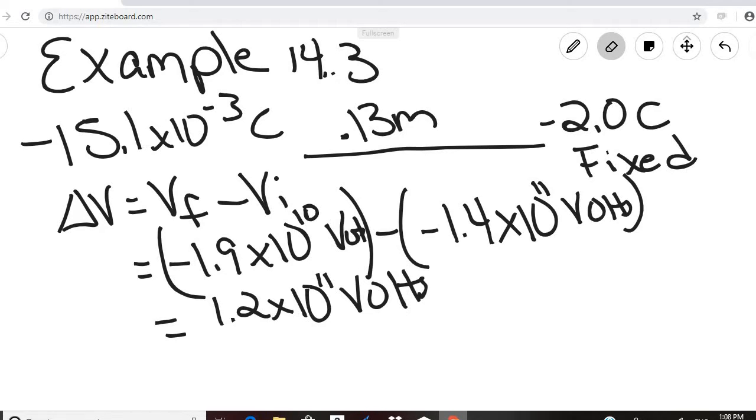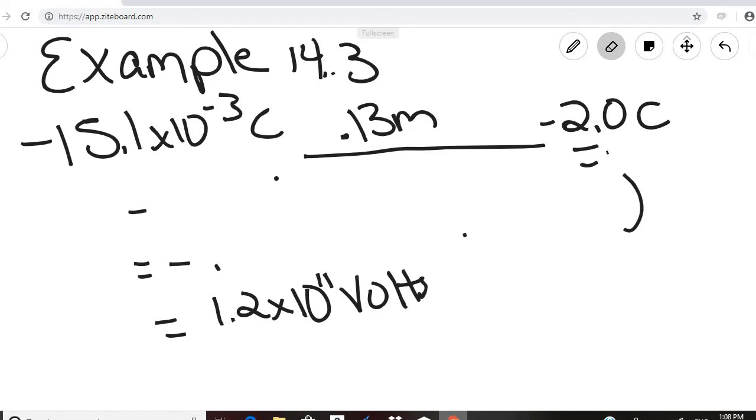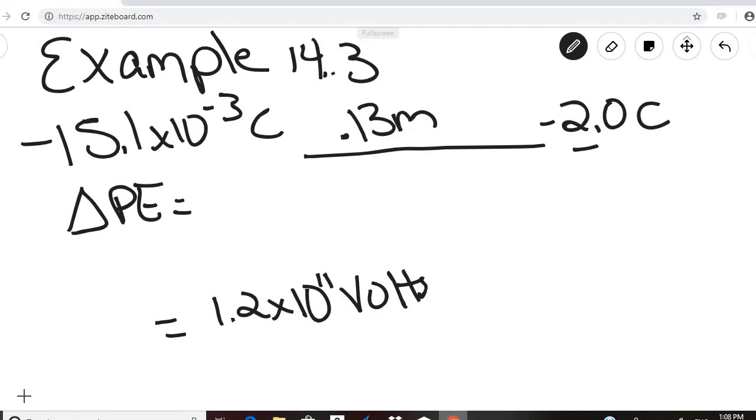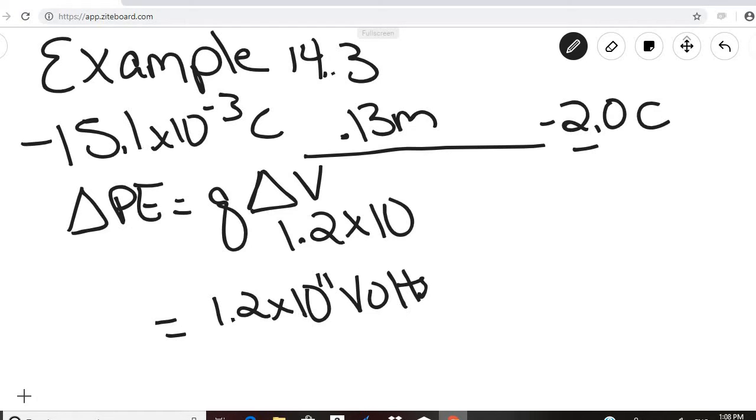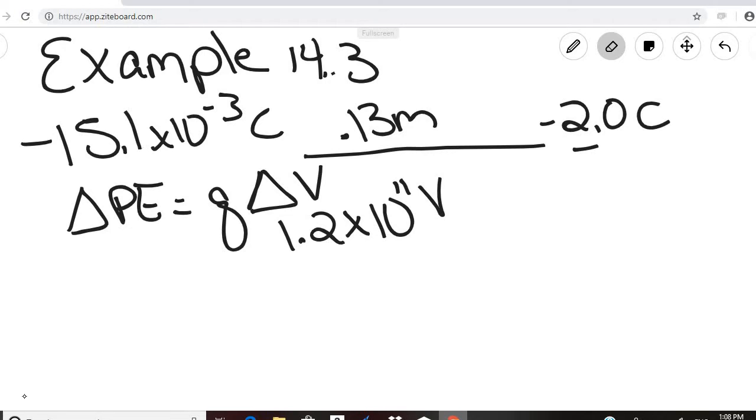So delta PE is equal to Q delta V. Okay, so we just figured out that delta V is 1.2 times 10 to the 11 volts. And now Q will be that other charge, the moving charge. So we'll put that in there.